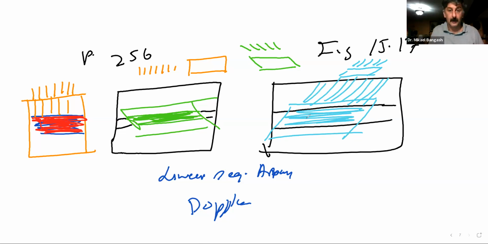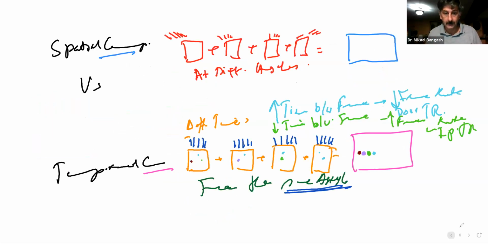So to remember the difference between temporal and spatial compounding: what all compoundings did was that they used multiple frames that were put together. Clear? That's pretty much what was common in all compoundings.